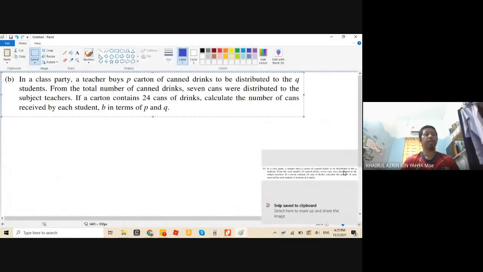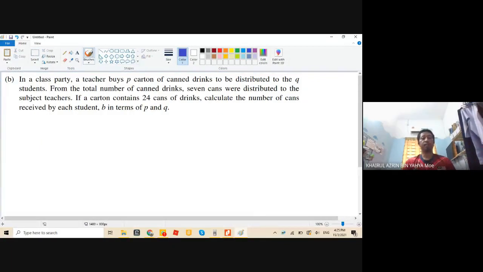Okay, so B, in a class party, a teacher buys P carton of canned drinks to be distributed to the Q students. In simple words, P carton, we want to divide with Q students. But we don't know in one carton how many canned drinks, not yet.